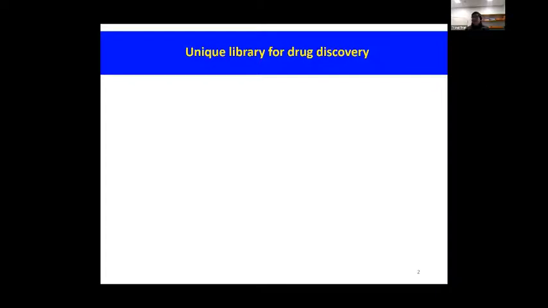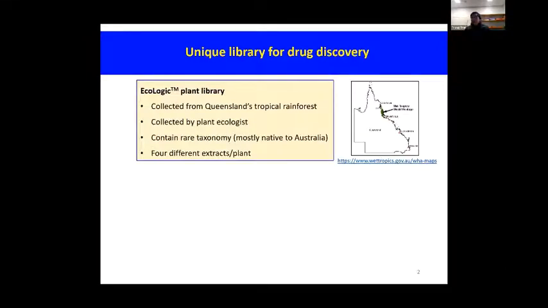I think this is a unique library, developed by the CEO of the company I'm working at now, QBiotics. We call this library EcoLogic. So what are the differences of EcoLogic compared with other libraries that make it unique? EcoLogic is a plant library, and all the samples were collected from the Queensland tropical rainforest.